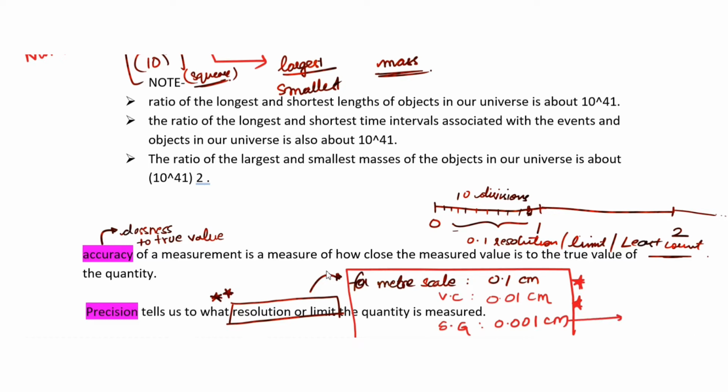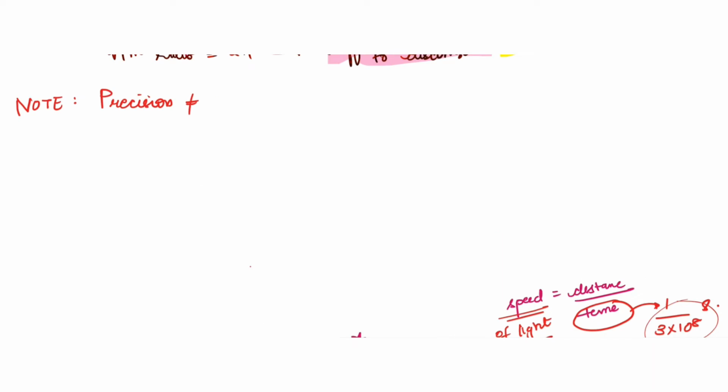Now let me give you an example to make you understand that precision and accuracy are not the same, but have different meanings. Let's take a pencil whose actual length is 9.8 centimeter, and say there are three boys trying to measure the length of this pencil: John, Peter and David.